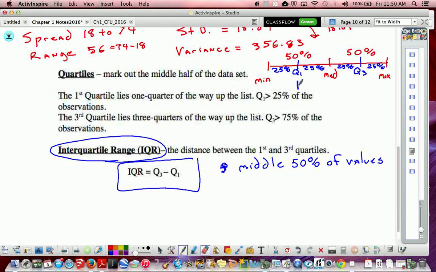So this distance from here to here is my IQR. Now the interquartile range is another measurement of spread that we can use, and it helps us a ton when calculating outliers. You ready to go to the last page? Yes. Anyone still need this page?